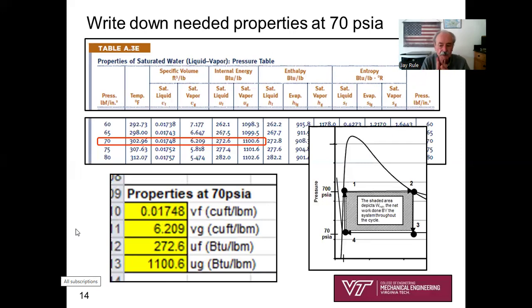I'm going to need to write those same numbers down at 70 psi, because I've got to solve for the quality at states 3 and 4. So I do the same drill here. I go to my pressure table and write down vf, vg, and also uf and ug. So that's the pre-work that I've done. Go into the back of the book, writing down those properties. That takes some time.